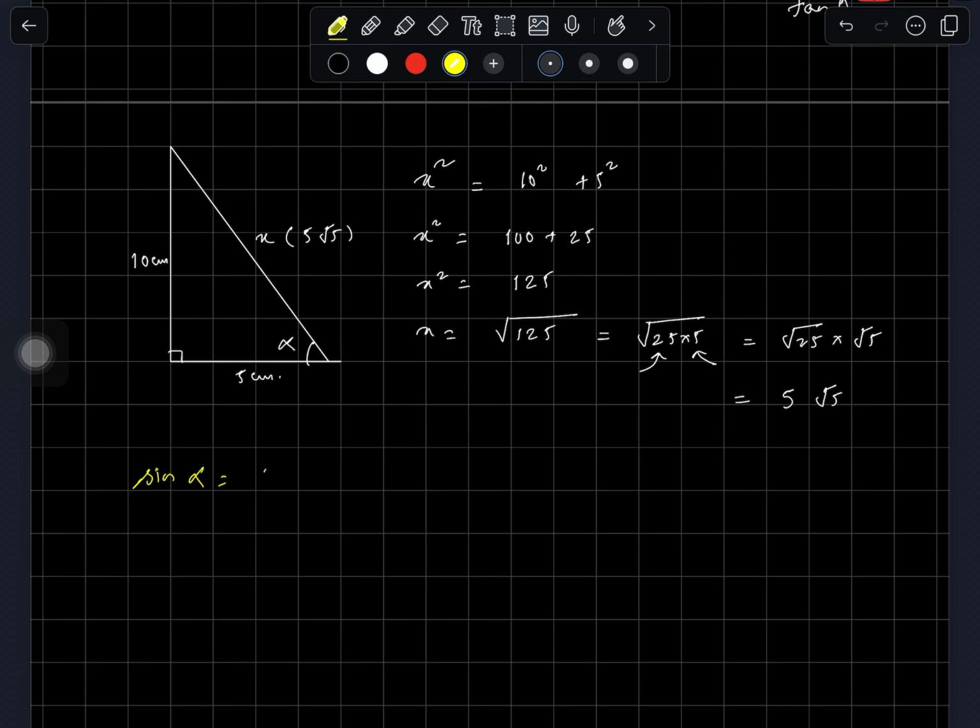The opposite is 10 over here. We notice this is my opposite side to the angle, upon the hypotenuse, which is 5 root 5. You can always simplify on this. So 5 ones and 5 twos, that's 2 over root 5. Don't get perturbed with this. It's just a comparison.